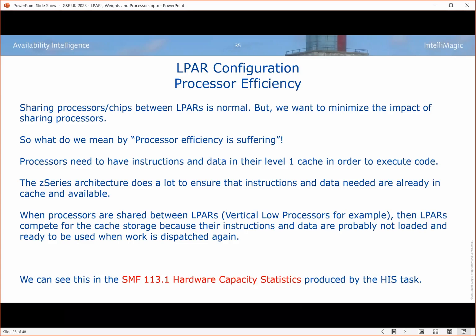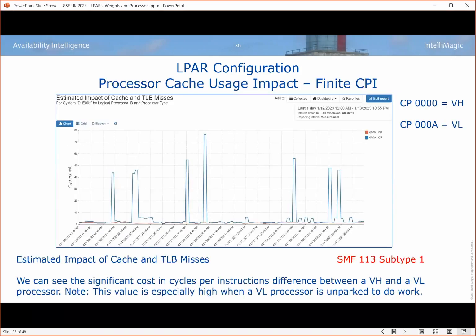And that's based on the SMF 113 subtype 1 data, the hardware capacity statistics produced by the HIS task. So what I'd just like to show you here is what's termed finite CPI, which is basically the cycle per instruction impact for cache and also for the translation lookaside buffer misses.